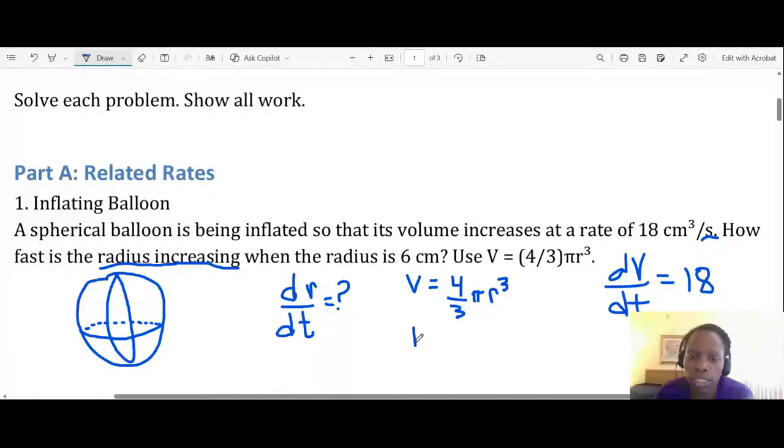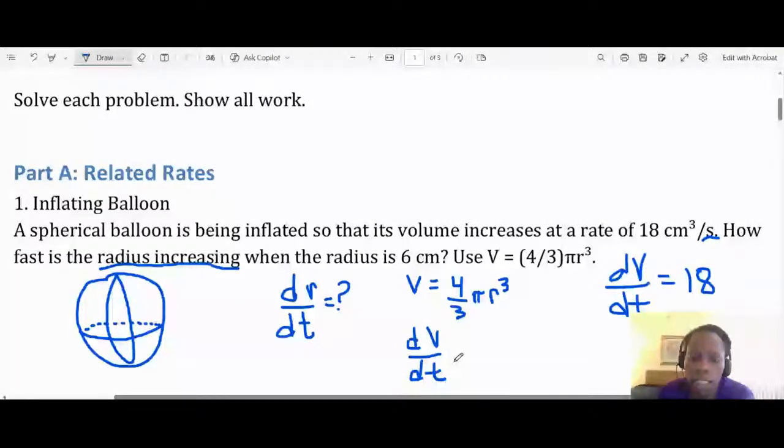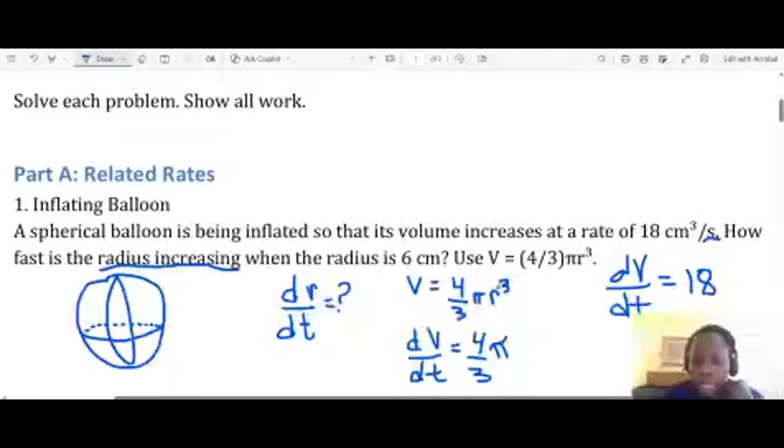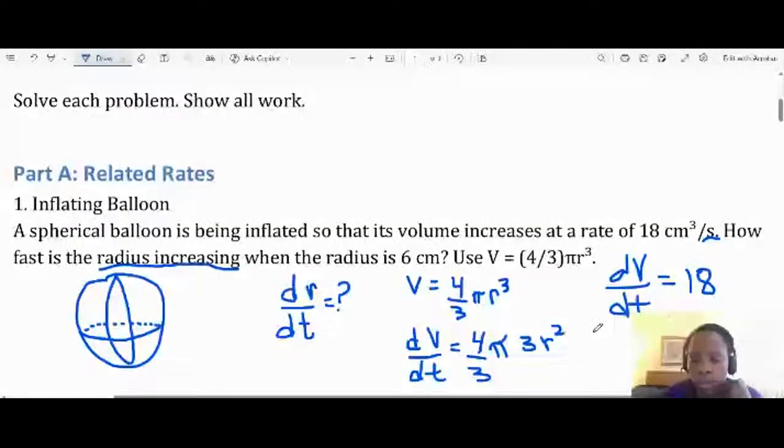So dV/dt is equal to 4/3 times the derivative of r cubed, which is going to be 3r squared, right? Bring down the power, subtract 1 from the power. Chain rule.